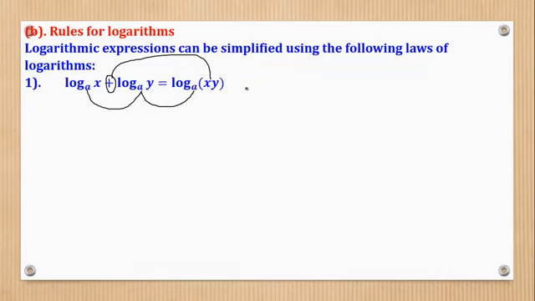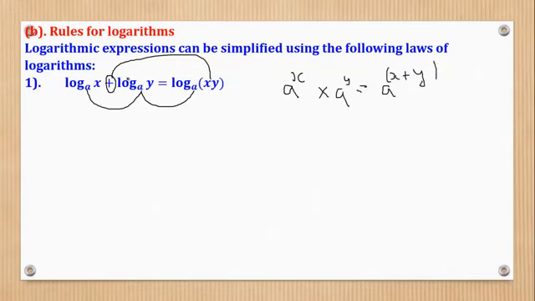So why do we say it is the inverse of exponential? For exponential, if the base was the same, there was supposed to be a product, and that product would result in the same base and you add the powers.